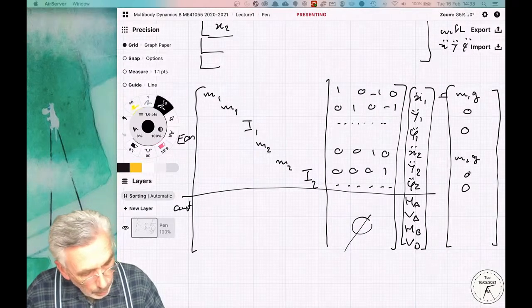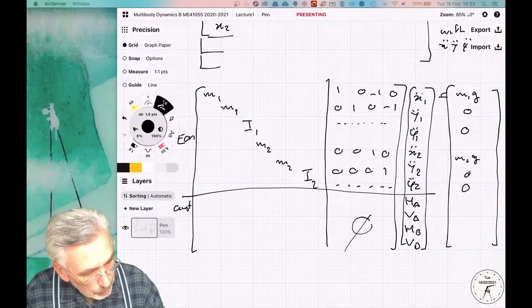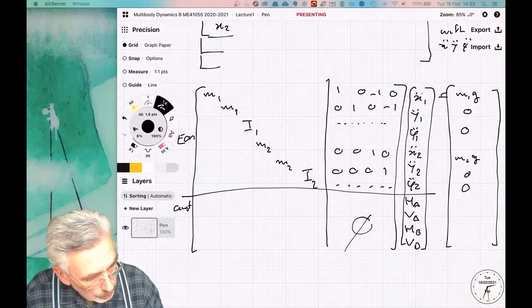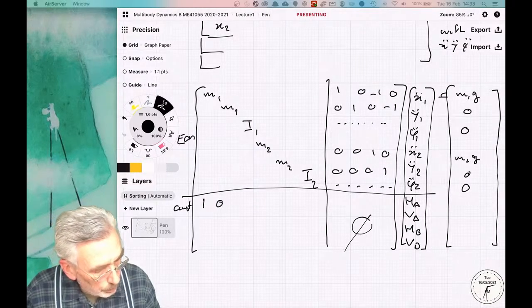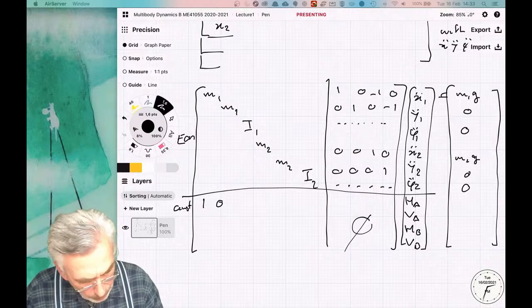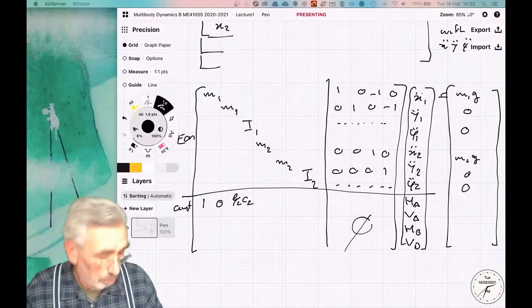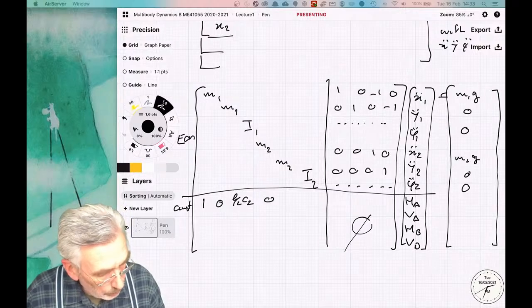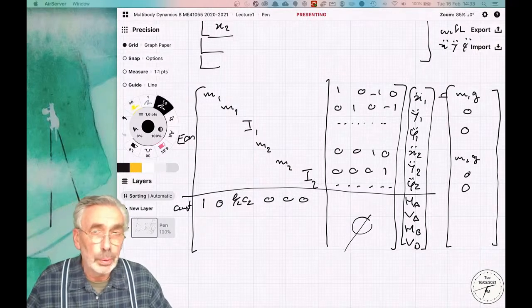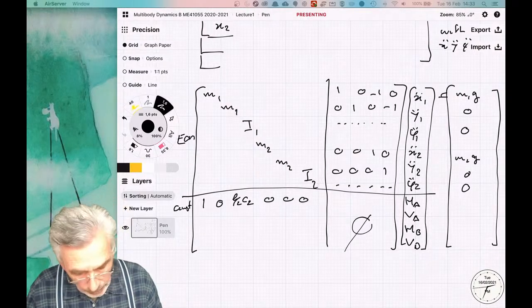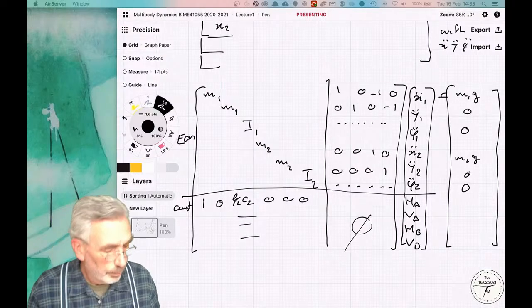Let's start with the first part. The first constraint equation was x double dot 1, and there was no phi double dot, y double dot 1, and then there was something like L over 2 cosine, and then the rest is all zeros, right? Because the first constraint was only about point A, etc., etc.